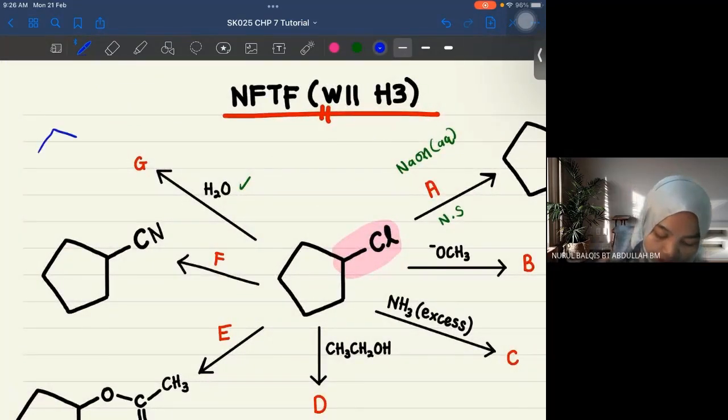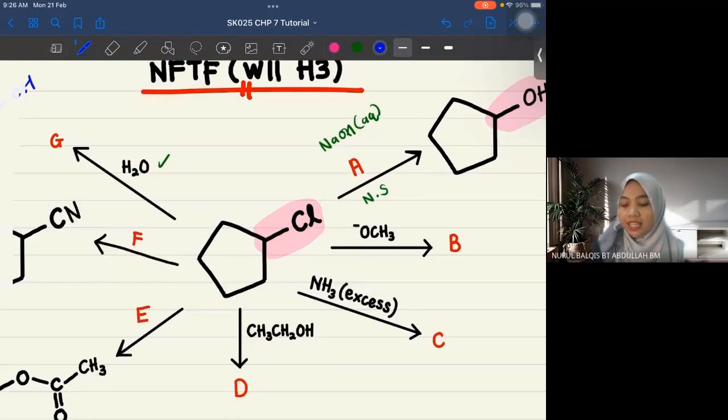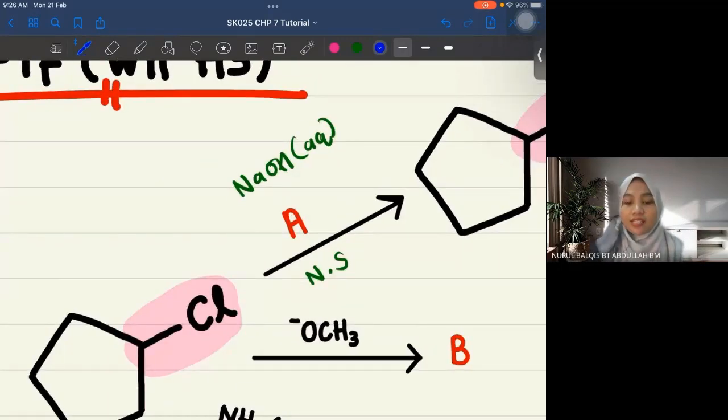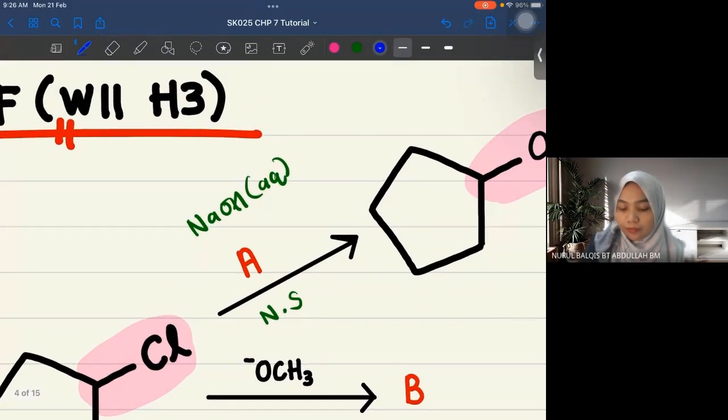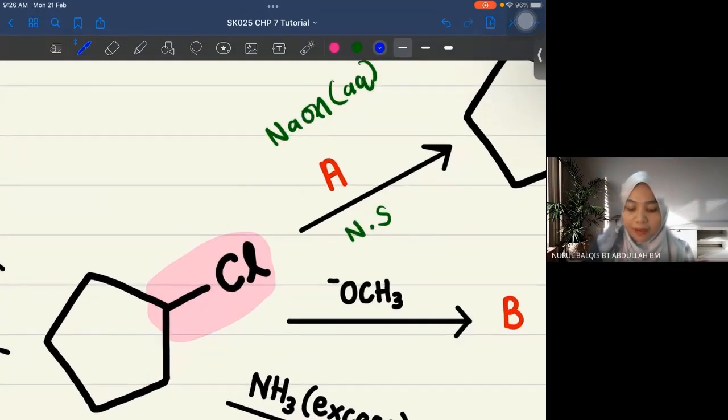Kita akan dapat this cyclopentane, together with it we have alcohol. Produk sama tapi apa beza? So this sodium hydroxide, it's a weak or strong nucleophile? Strong. Bila strong nucleophile, and look at the classes of alkyl halide you have in here, the carbon bearing the Cl, they are secondary or primary?